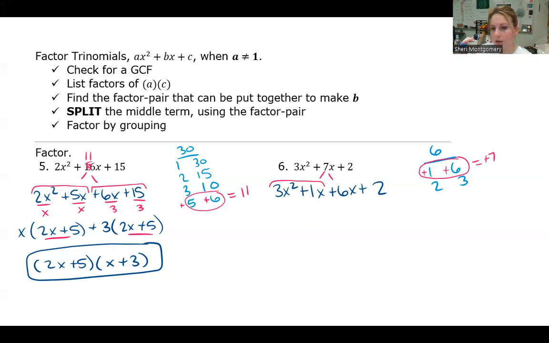So if you're doing these problems and your friend writes their factors switched and did 6 times 1, it doesn't matter. You'll both end up with the same answer. So my first GCF is just x.